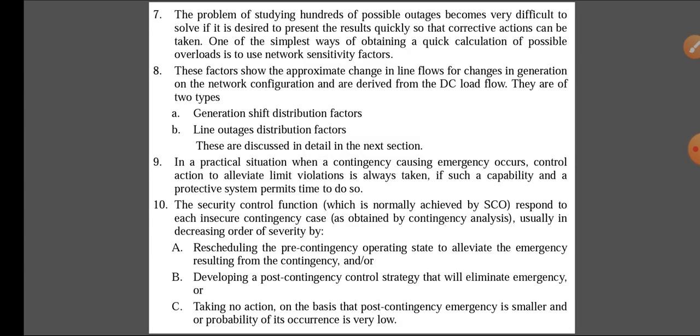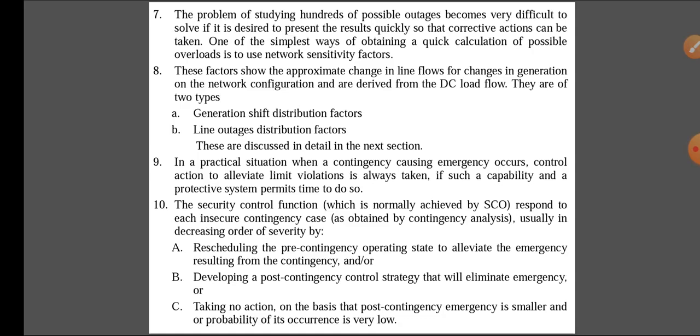If hundreds of possible outages are there, let's say 150 outages, how can we do it? One of the simplest ways of obtaining a quick calculation of possible overload is to use a network sensitivity factor. How is this sensitivity factor helping us?